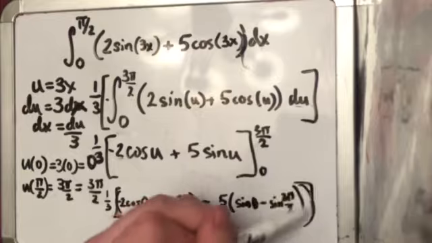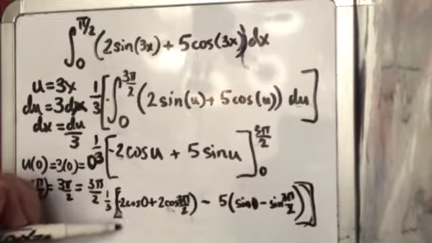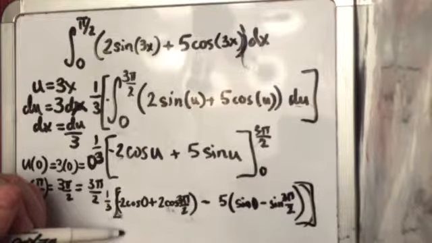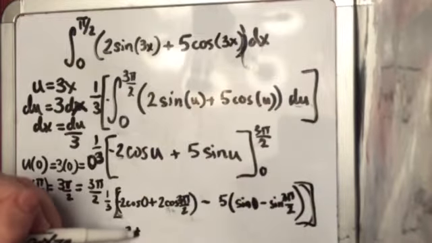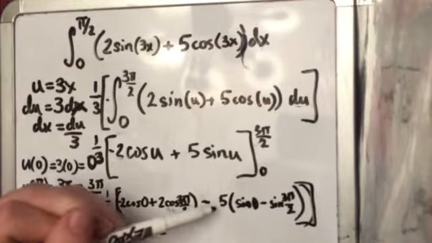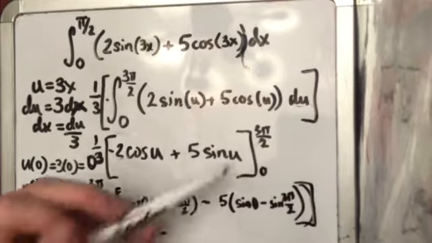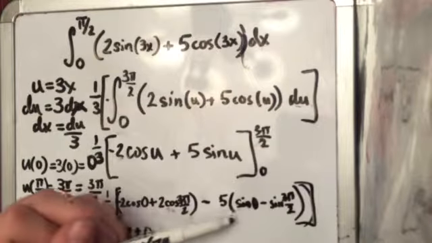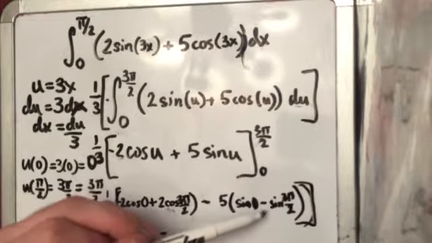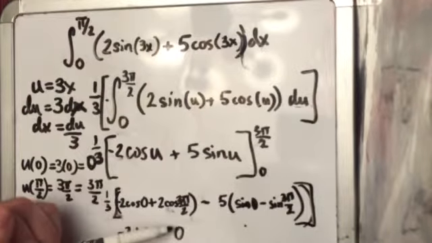And so cosine of 0 is 1. So we have negative 2 plus cosine of 3 pi over 2, which is 0, minus sine of 0, which is 0, and so minus 0.